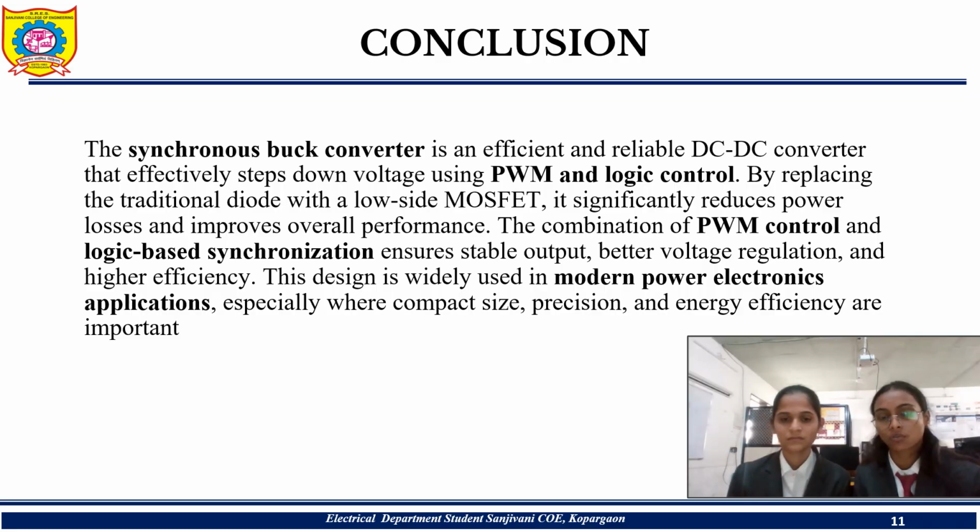The combination of PWM control and logic-based synchronization ensures stable output, better voltage regulation, and higher efficiency. This design is widely used in modern power electronic applications, especially where compact size, precision, and energy efficiency are important.